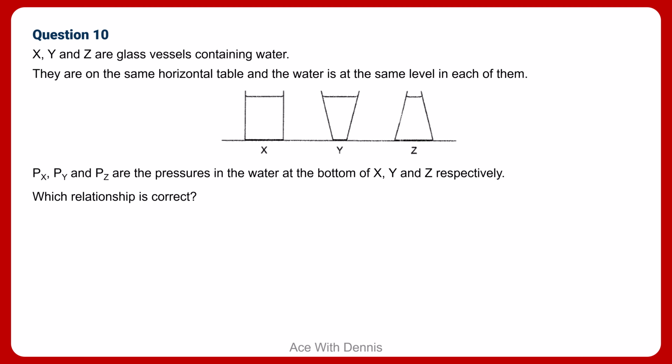Which relationship is correct? A. Px equals Py equals Pz. B. Py is greater than Px is greater than Pz. C. Py equals Px, and Px is greater than Pz. Or D. Pz is greater than Py is greater than Px.